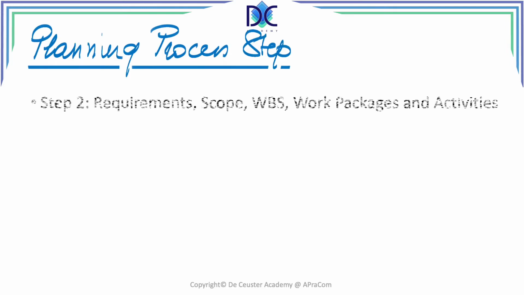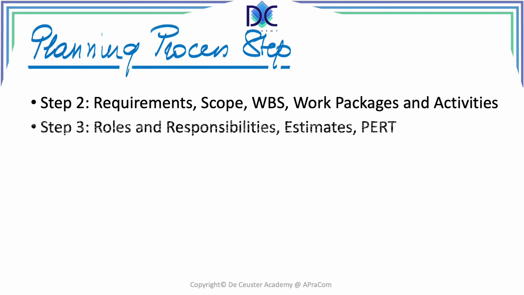We start with step 2 of the 10-step process, which is about requirements, scope, WBS, work packages and activities. Step 3 is about roles and responsibilities, and we also look at estimation of duration and cost of the activities and the work packages, and we also use PERT, program evaluation and review technique, which is about adding uncertainty to the estimates.